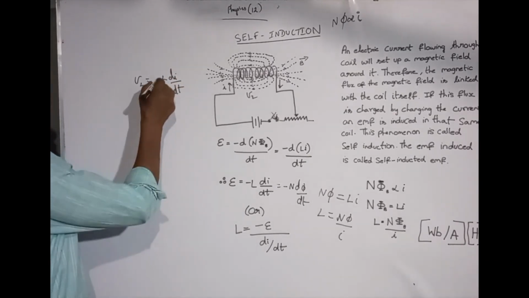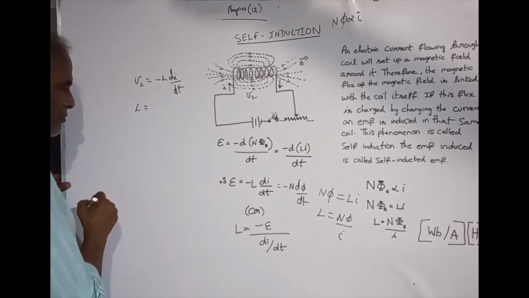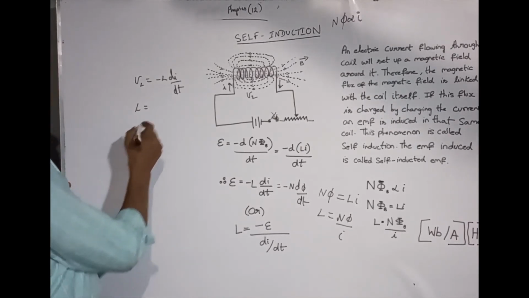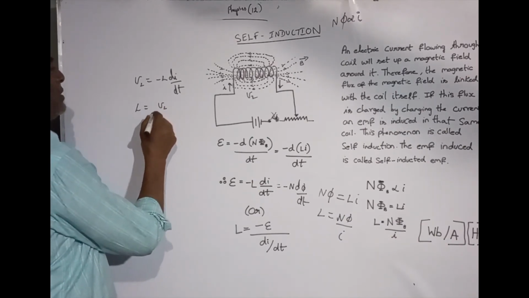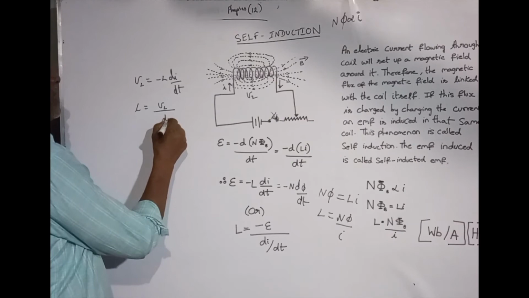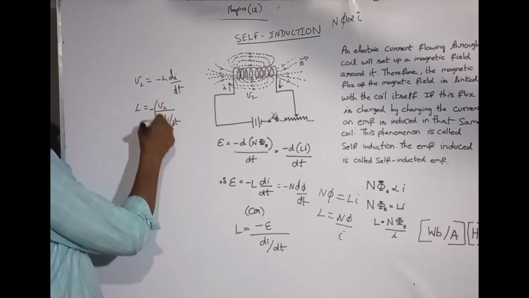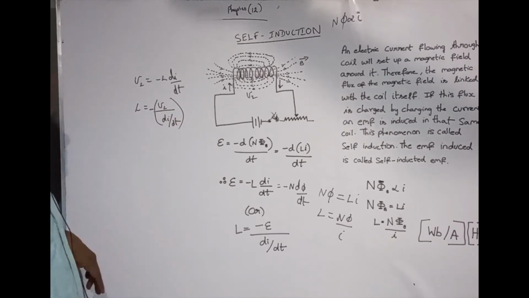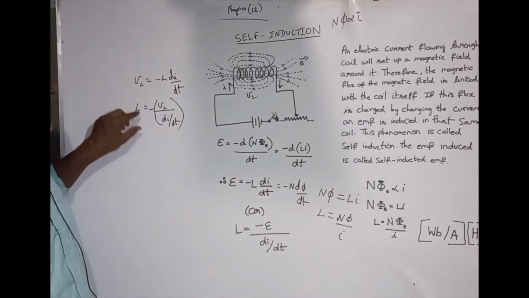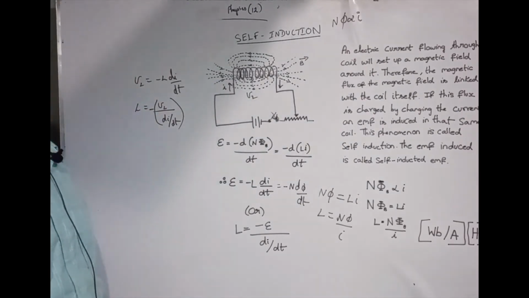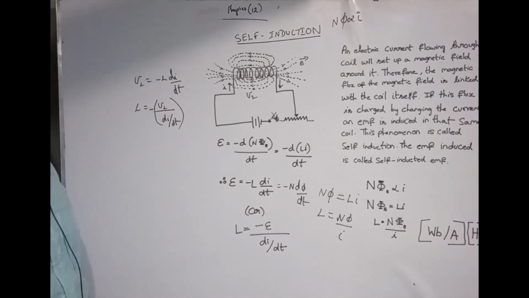Okay. Now I want L. So L is equal to the voltage across the inductor divided by di by dt along with the minus sign. So that means self-inductance is equal to the voltage across the coil divided by the rate of change of current.